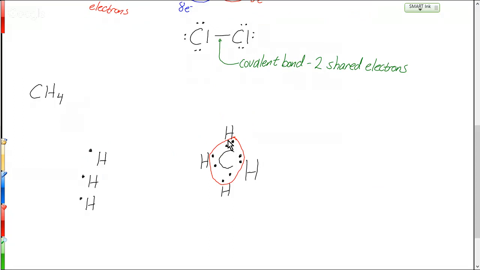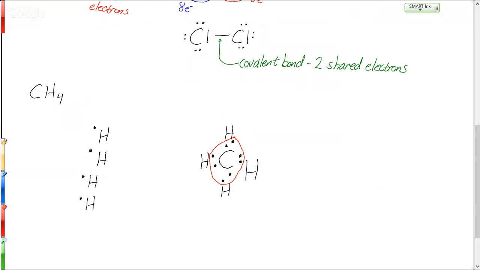Okay. Yeah, that's where the extra 4 came from. We moved them around, but there were 4 hydrogens that each had 1. That's the extra 4 that then make 8. So that's what we have here.